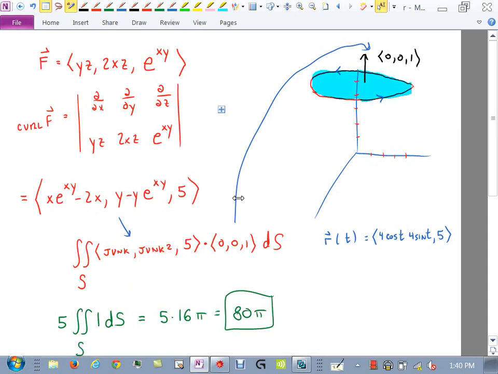Could you look at this surface as a function of 2 variables? It would just be a constant function. But then you'd have to look at its image on the ground, which would have been a circle, so you would have switched over to polar coordinates, or eventually turned it into the area of that circle on the ground. But it's an extra step.